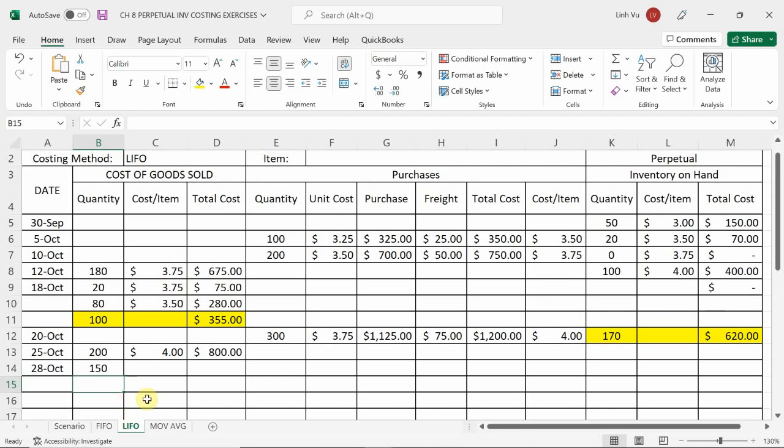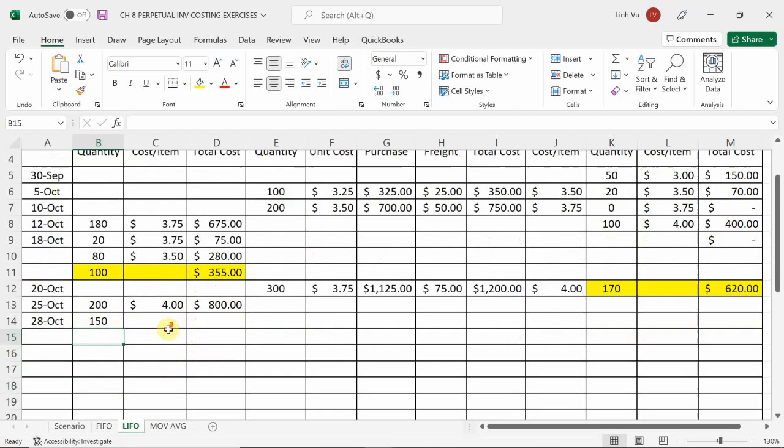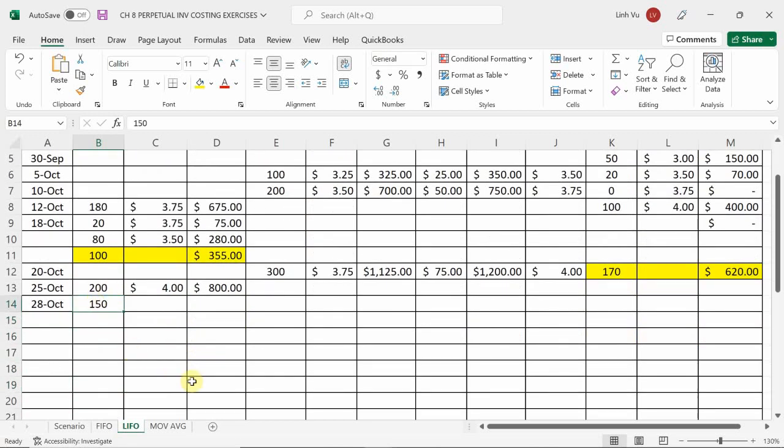So we're going to get rid of that 100 at $4, which we know is going to give me $400. So I can get rid of this.